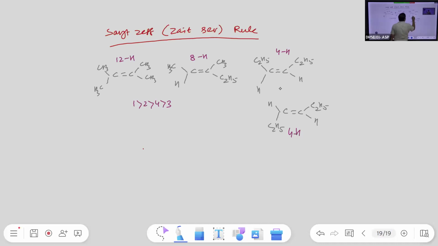Along with this, this is the cis geometrical isomer and this is trans. Between cis and trans, trans is more stable because cis shows more steric hindrance, since bulky groups are present on the same side. I think all of you got this answer.